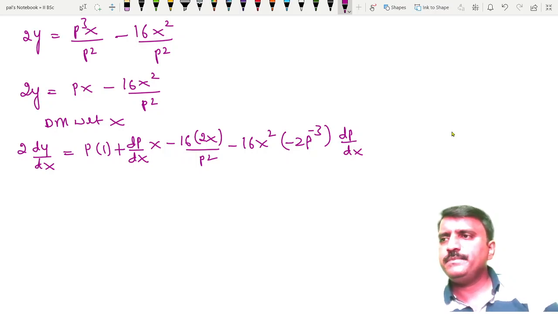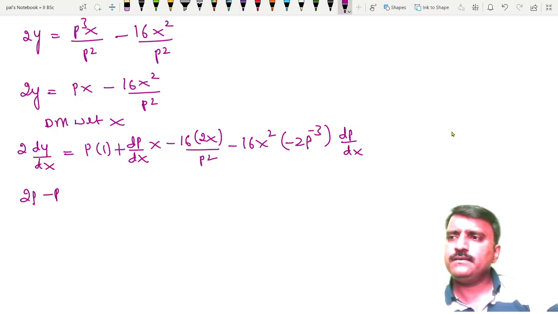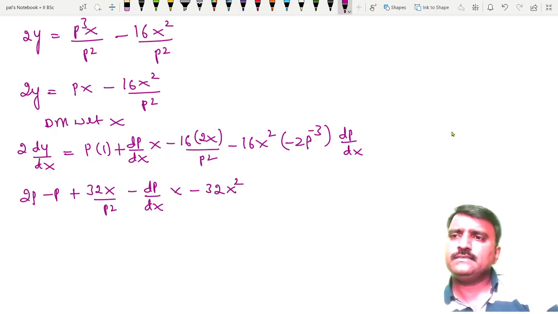So next step you write, this is 2p, and take all the terms to left hand side: minus p, minus, take this term, 32x by p square with positive sign, plus 32x by p square, and take this term to left hand side, minus dp by dx into x, and minus of minus is plus, when it comes to left hand side it is minus, 16 2s are 32, 32x square divided by p cube into dp by dx is equal to 0.